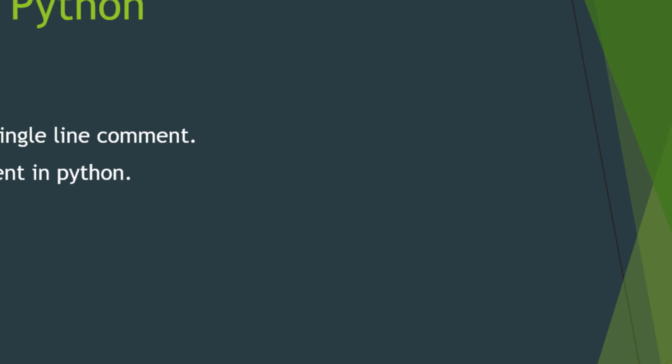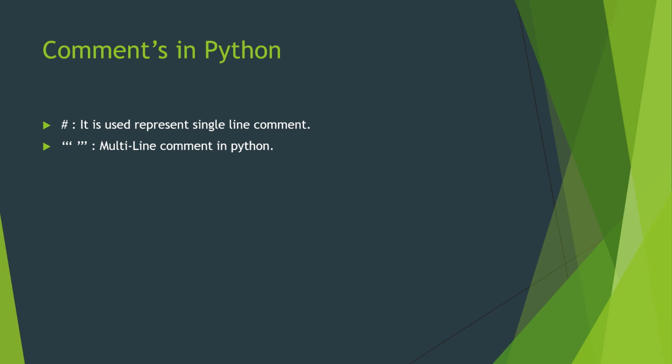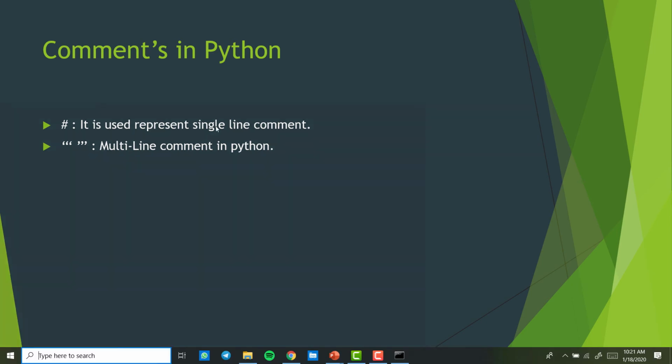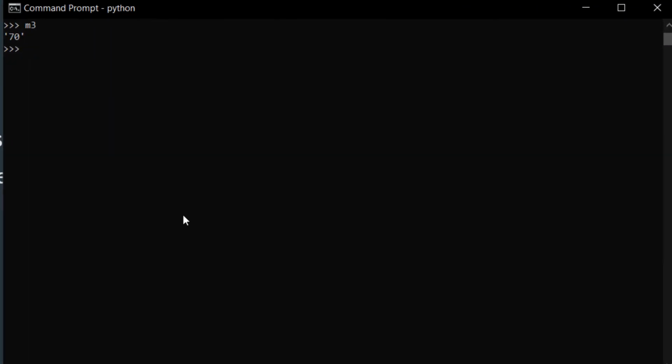Now let's look at comments in Python. We can give a single line comment by using hash or a multi-line comment using triple quotation marks like this. Suppose I want to give a comment, print hello, but this statement won't execute as it is a comment.